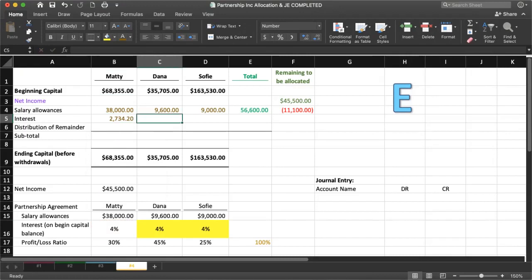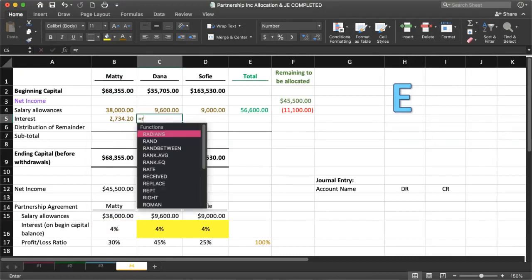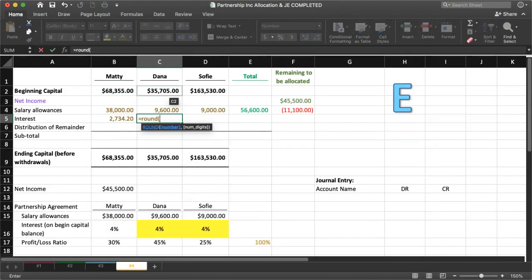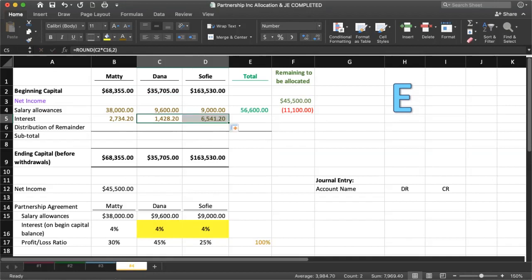All right, we'll do the same for Dana. Beginning capital balance times 4%, round it to 2 decimal places, and then I'll just drag it across for Sophie. So these are their interest allocations, and the sum total of the interest allocations is $10,703.60.